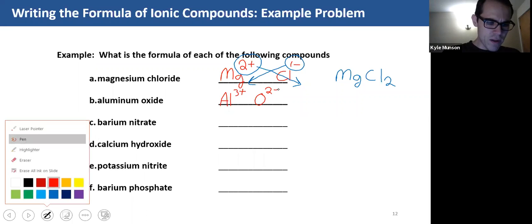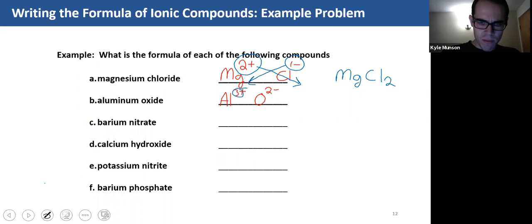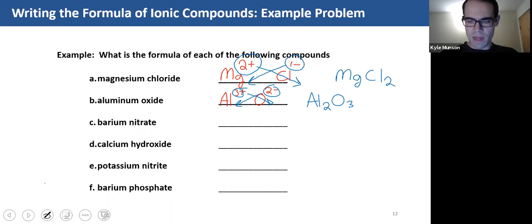Again, we're going to bring the 3 down, bring the 2 down. And what we get is aluminum, 2 of those, and 3 oxygens. Again, that makes sense. I have 2 +3 charges and 3 -2 charges. So the net is 0 again, the net charge of the molecule.